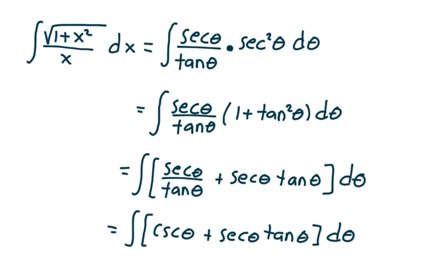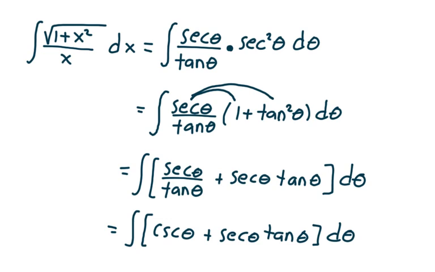So we can write this as the integral of secant theta over tangent theta times 1 plus tangent squared theta d theta. And then what I did was distribute the secant theta over tangent theta to each term within those parentheses. And when I did that, I got the integral of secant theta over tangent theta plus secant theta tangent theta d theta.